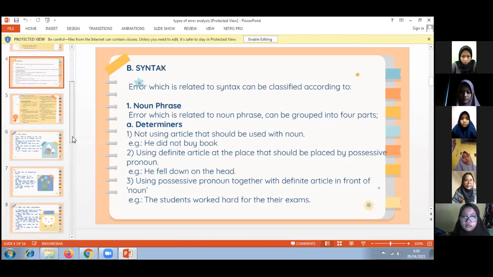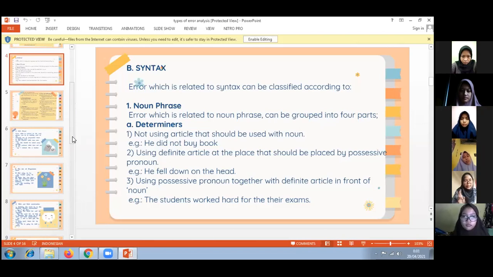Example: he did not buy book. Second, using a noun article in the place that should be filled by a possessive pronoun. Example: he fell down on the head. Third is using a possessive pronoun together with a definite article in front of a noun. Example: the student worked hard for their exams.